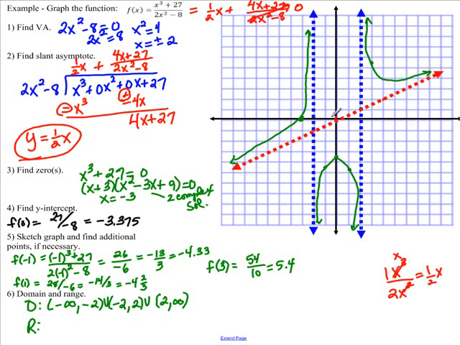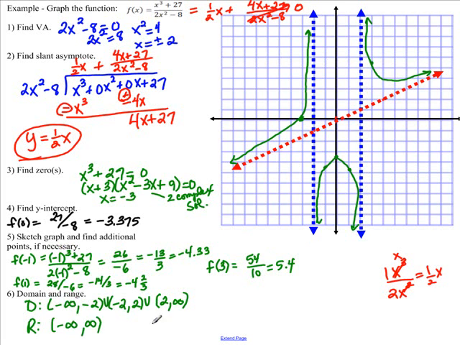Negative infinity to infinity. So as we go to the left and right of the graph, we're approaching that all the way down. So this piece to the left is actually approaching negative infinity. The piece to the right is approaching positive infinity. That's also true with our asymptotes. So when all is said and done, we will actually have covered all real numbers from negative infinity to infinity.